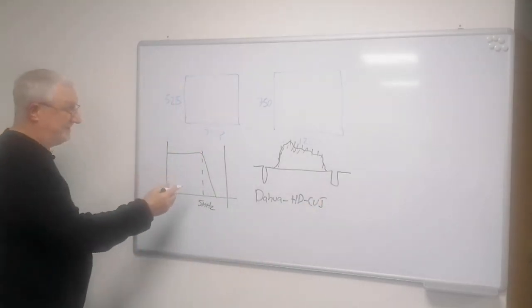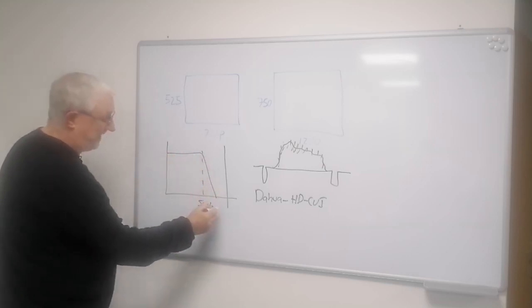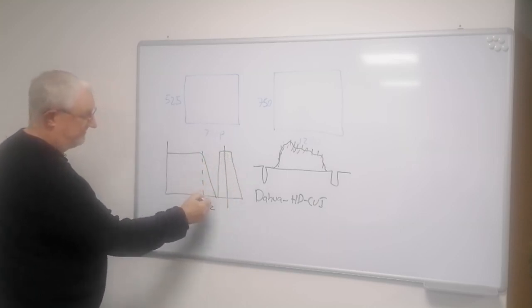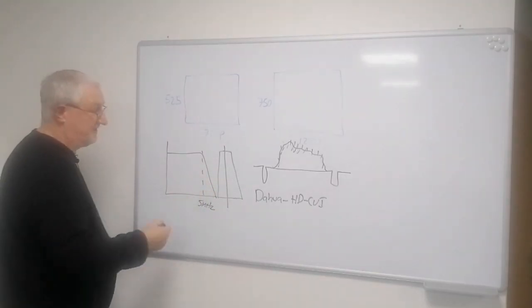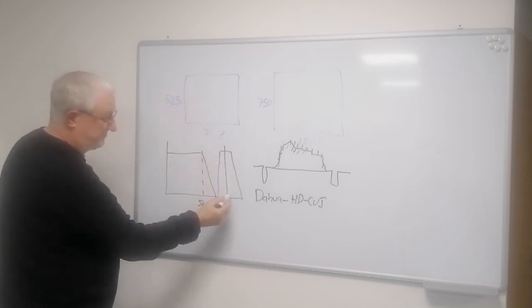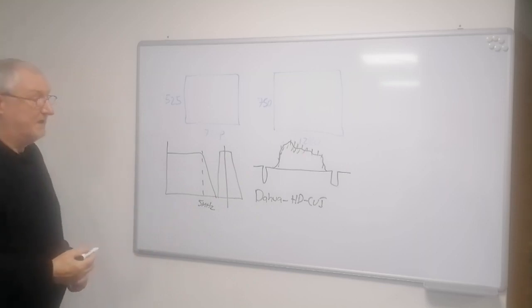And HD-CVI basically extended this bandwidth a little bit, put the chrominance carrier here above the luminance so they no longer interfered with one another. But the method, this was quadrature modulation. It would just move the frequencies around.